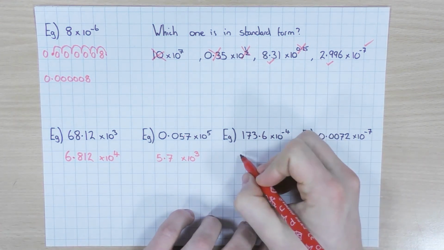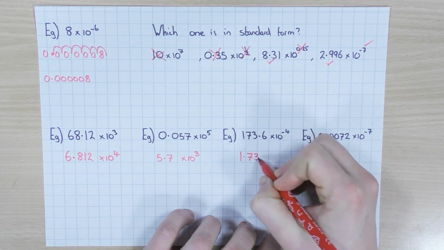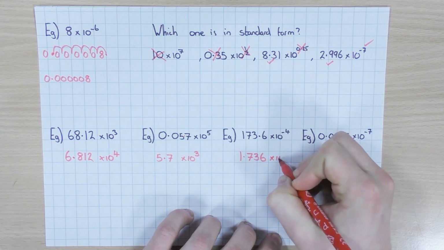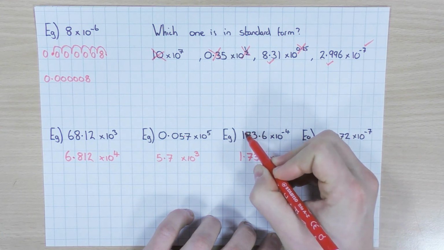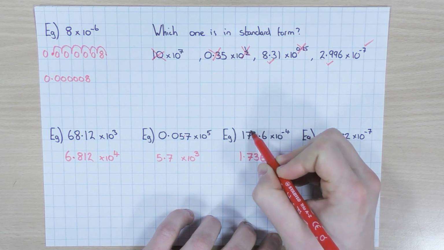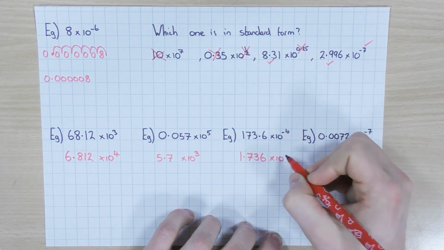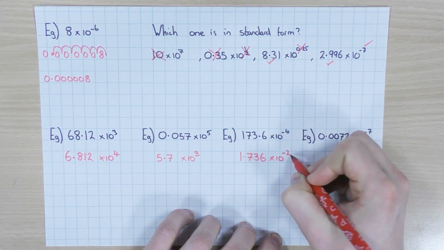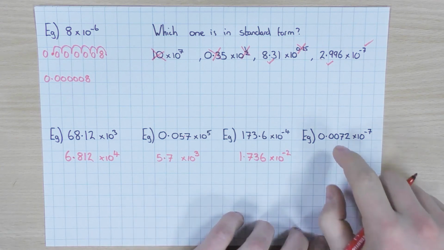This one here, again, I'm going to put my decimal point so the number is between 1 and 10. And again, what have I done? Well, I've divided by 10 and divided by 10 again. So I made it 10 times smaller, 10 times smaller. So I need to make this 10 times bigger, 10 times bigger. So I'm going to add 2 to the power, so that becomes minus 2. Again, to keep this number the same.